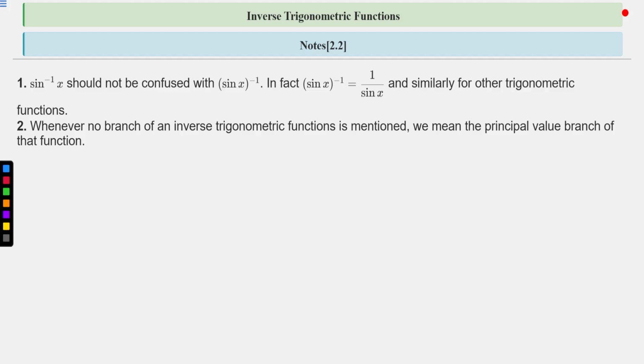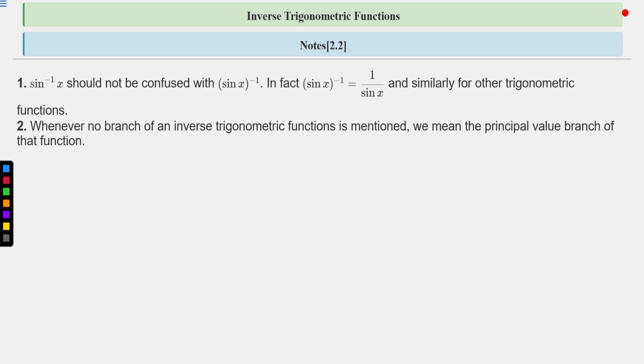Next, whenever no branch of an inverse trigonometric function is mentioned, we mean the principal value branch of that function. If no value is mentioned, we assume it has asked about the principal value branch. The domain and range we discussed is called the principal value range.